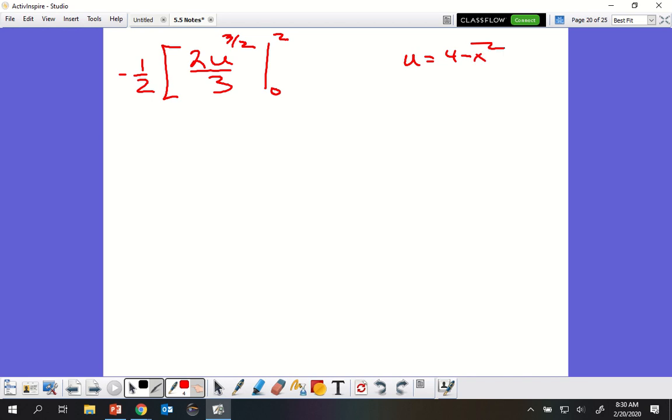This is the other method for substitution, where we substitute my bounds also. The first way, I plug it in, then I put it back, and then plug in the numbers for my definite integral.